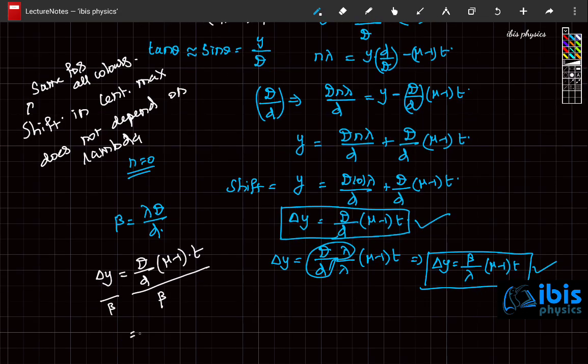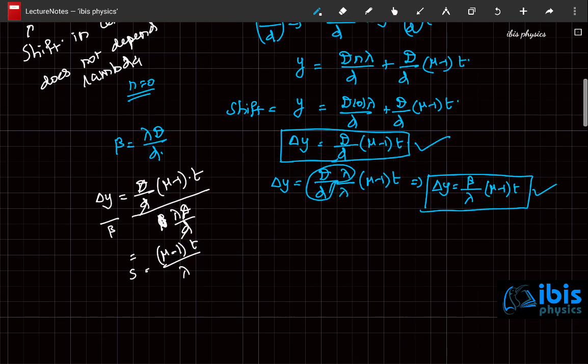Beta is actually lambda D by d, correct? So these two will be cancelled up here. So in place of beta, only lambda D by d is done here. So D will be cancelled, this d will be cancelled. So mu minus 1 into t by lambda.